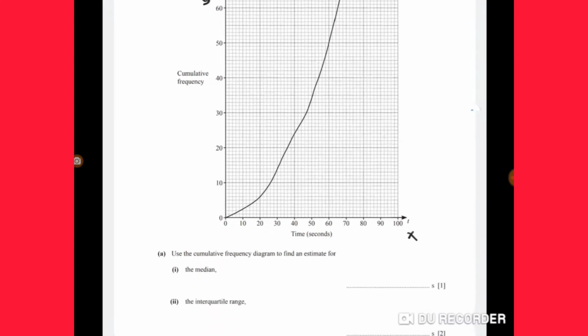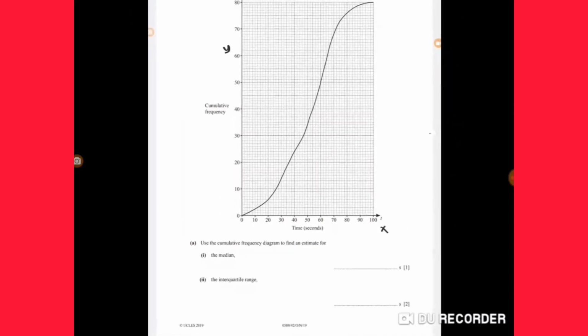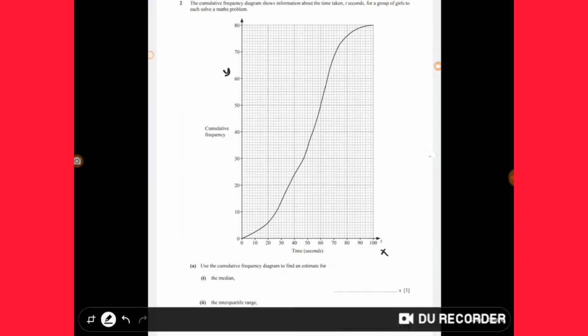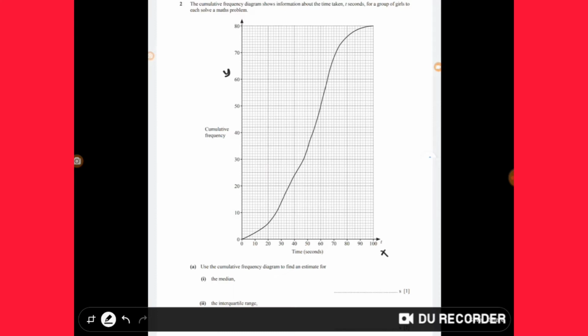Now the question is, use the cumulative frequency diagram to find an estimate for the median and the interquartile range. So how do we estimate the median from this diagram?